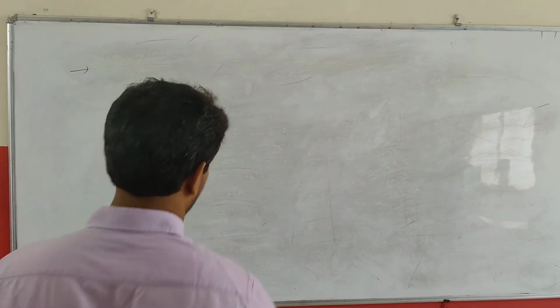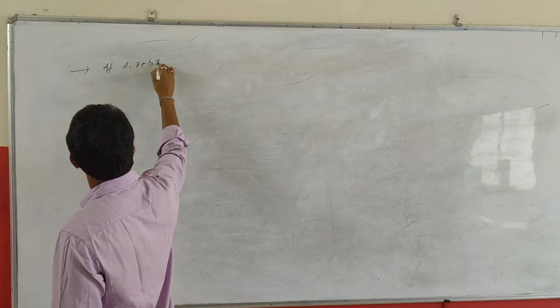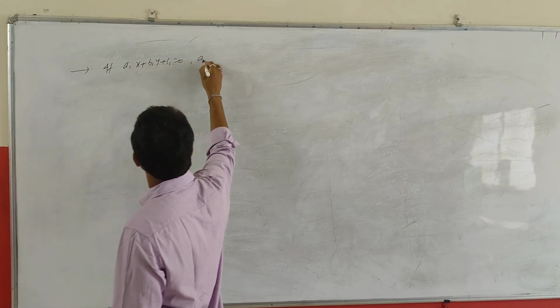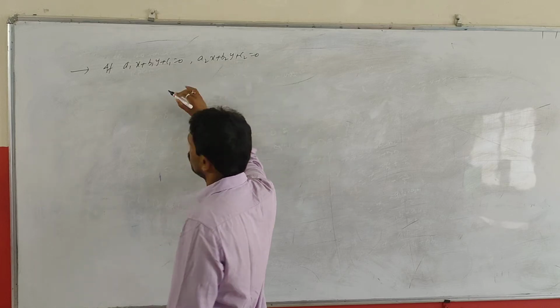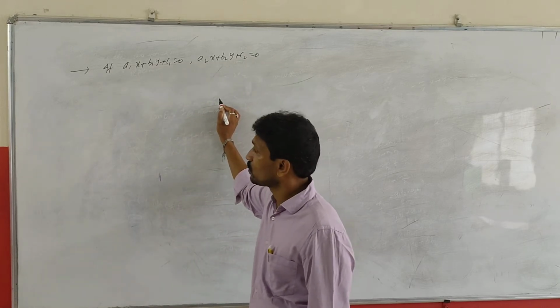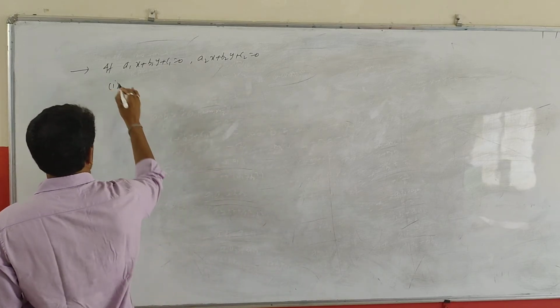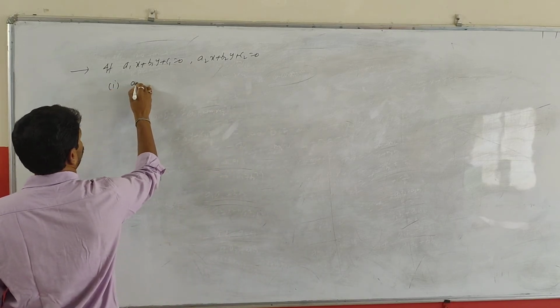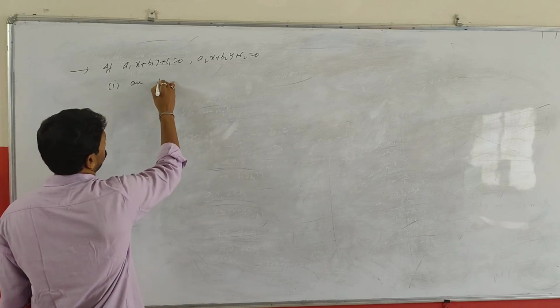Next, follow the note here. If a1x plus b1y plus c1 is equal to 0 and a2x plus b2y plus c2 is equal to 0, these are the two lines. First case, these two are parallel.